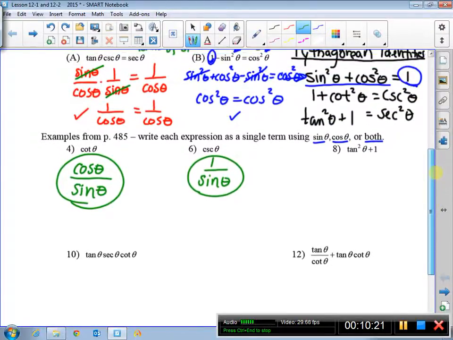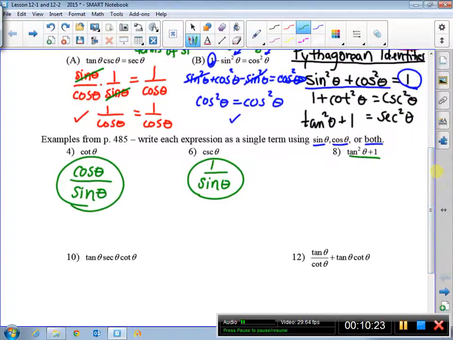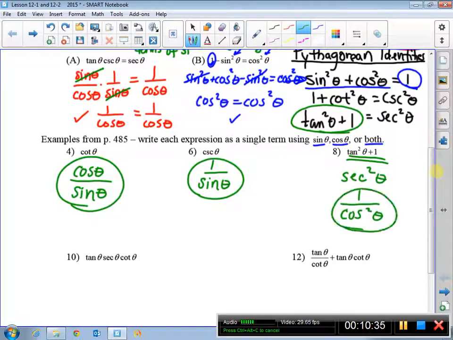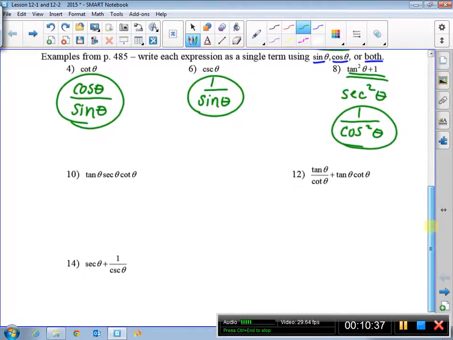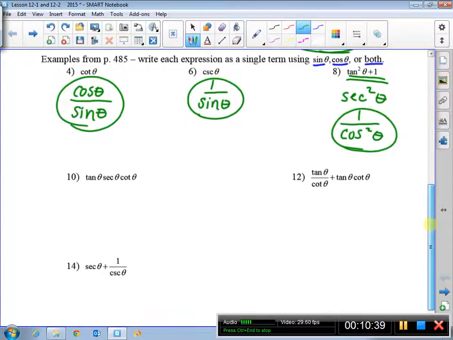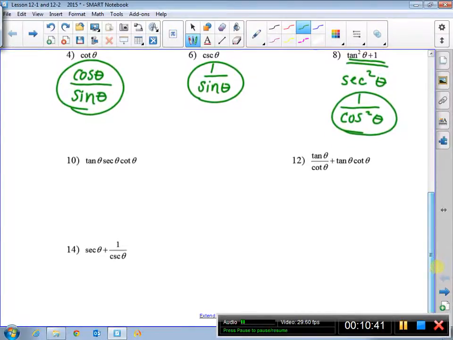Looks like it might be one of these Pythagoreans. It exactly matches this, so we know it is equal to secant squared theta. And secant is the reciprocal of cosine. So there's your 1 over cosine squared theta. Remember, they wanted us to put them in terms of sine or cosine.